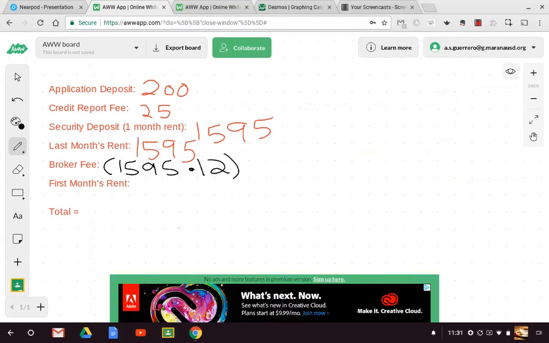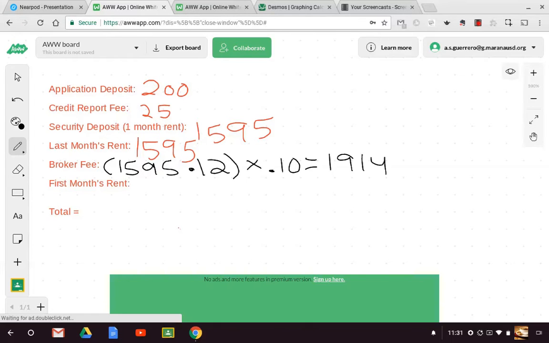So we're going to multiply that amount by 12 to figure out how much it's going to be for the whole year worth of rent. And then we're going to take that amount and multiply it by 10%, or 0.1 when we do our decimal bumping, which is going to give us a total of $1,914 that the broker is going to get for finding them that apartment.